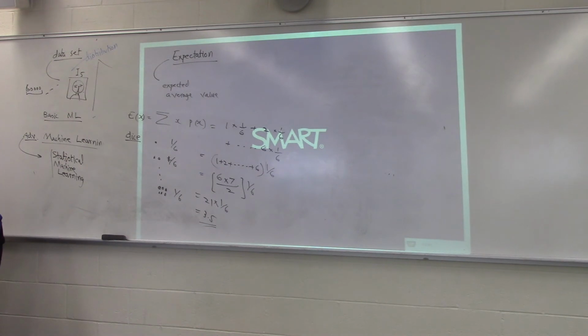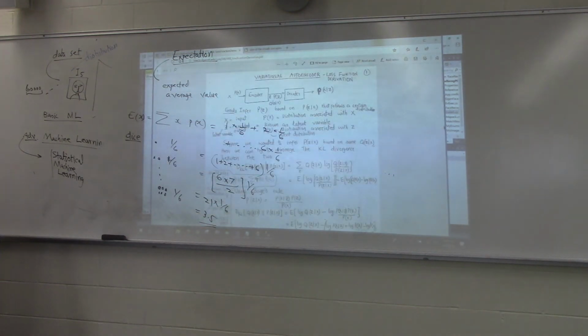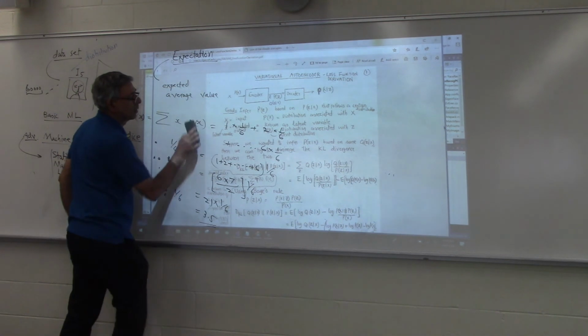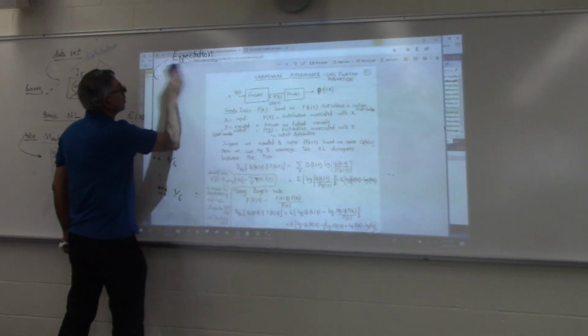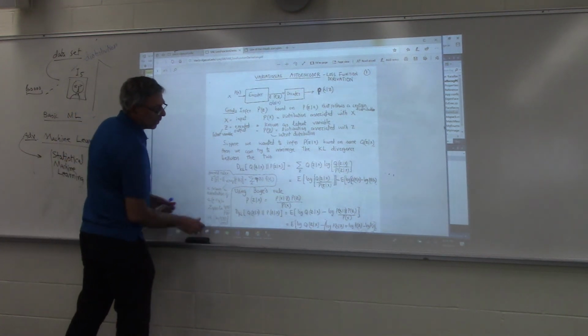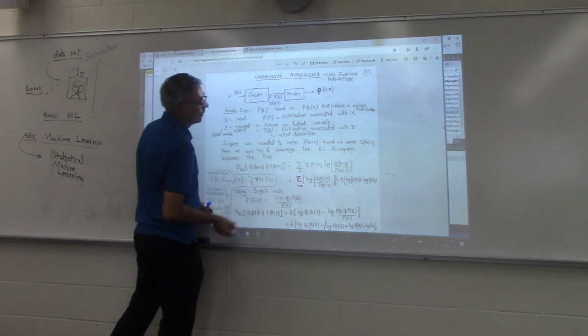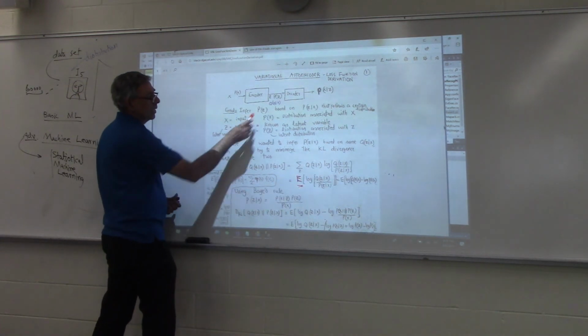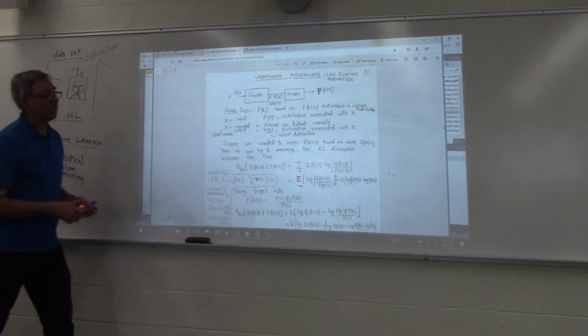Okay, so I also have put this loss function derivation. Okay, so anyway, you will see there are concepts of expectation over here, concepts of conditional probability. There's the Bayes theorem getting involved over here.